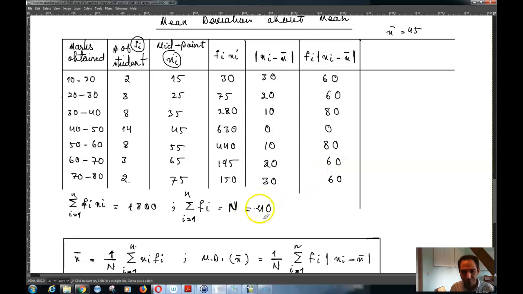And sigma f of i times the absolute value of x of i minus x bar, as i goes from 1 to n, is equal to all of these numbers put together, which is equal to 400.